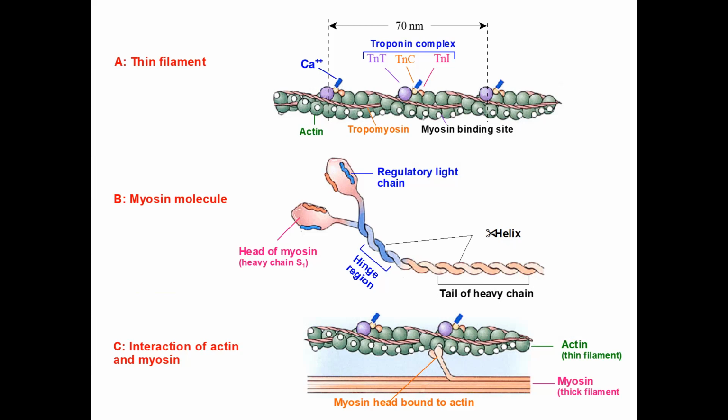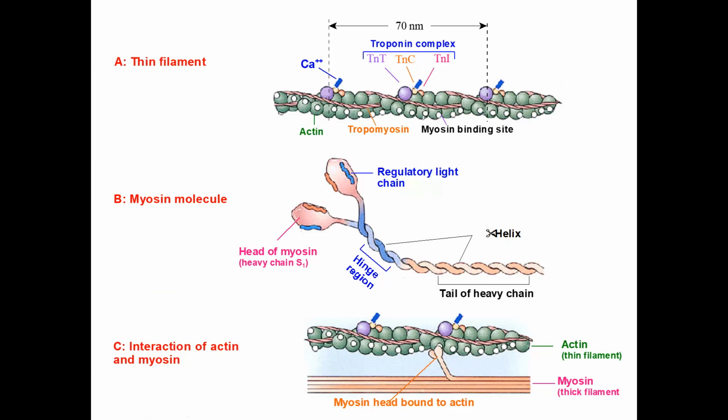And each head has also two light chains. One light chain, red here, is called alkali light chain. The function of this alkali light chain is to stabilize the head. And there is another light chain here which is called regulatory light chain.